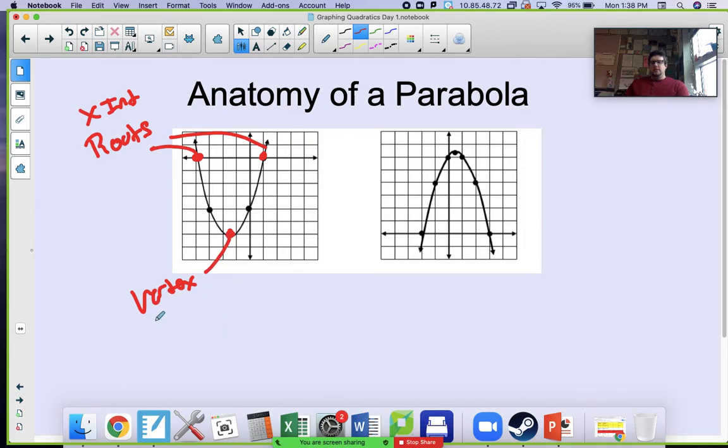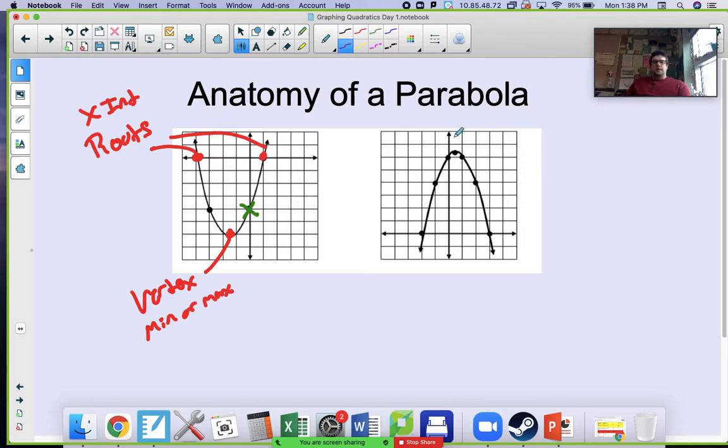That vertex is the smallest or the largest, depending on the graph, that the parabola will ever reach. So that's the lowest point and it turns around and goes back up. On this graph, it's a maximum. It reaches its highest point, then goes back down. We also have the y-intercept, but it's not as important. So these are our most important parts: roots and the vertex.